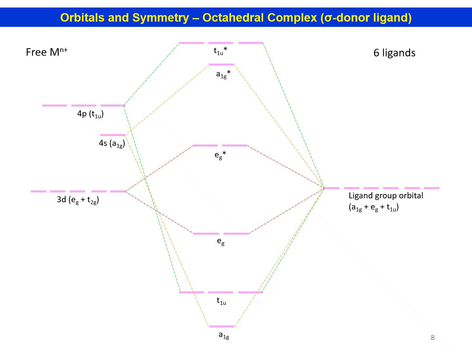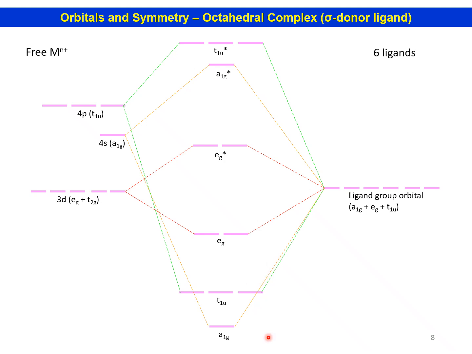And then the Eg is also split. The separation of Eg is derived from the free metal ion 3d orbital and the ligand group orbital. And that gives the bonding Eg level and the anti-bonding Eg level.